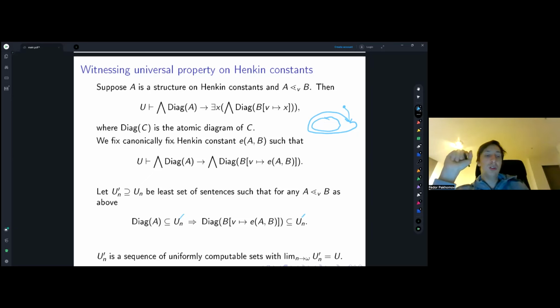It's not entirely trivial, but one could show the following: this sequence UN prime is in fact a sequence of uniformly computable sets. They will not be finite in general, but they will always be decidable sets. And the limit of UN primes is the same U as before. This follows from the fact that U is closed under the same rules.